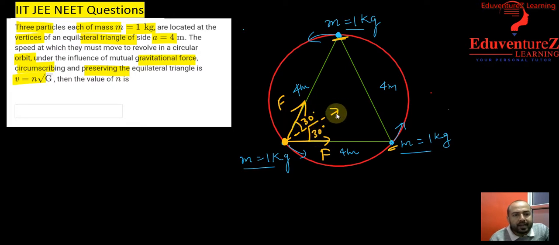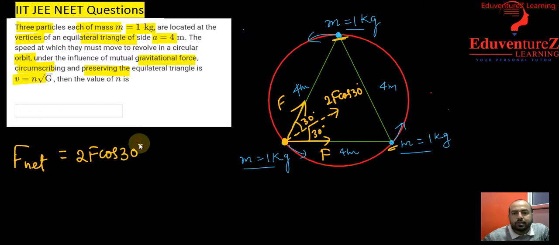We get F cos 30 from both sides, means 2F cos 30 net force, and the F sin 30 components cancel out in opposite directions. So the net force experienced by the particle towards the center of the circle is 2F cos 30.